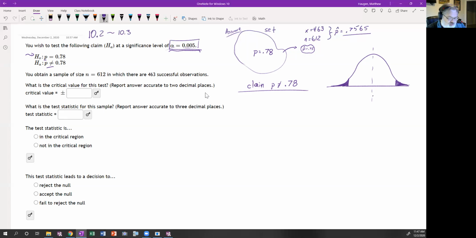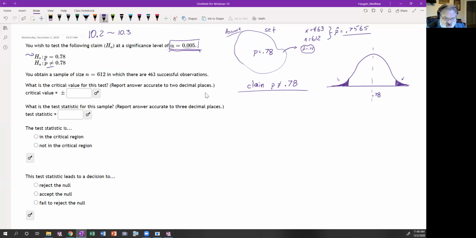So our goal is to figure out, again, under our assumption of 0.78, is the 0.7565 far enough out into these tails that we want to reject our assumption? That null hypothesis you can always think of as our assumption.